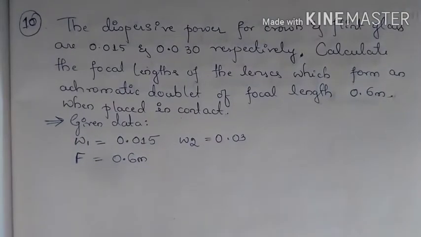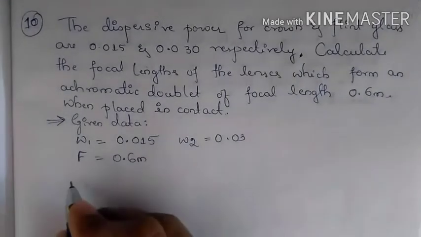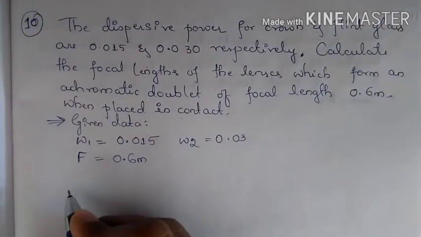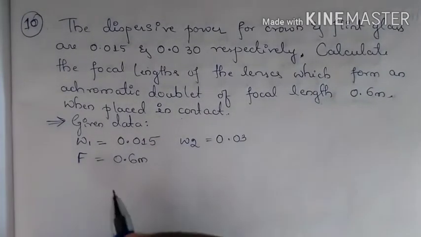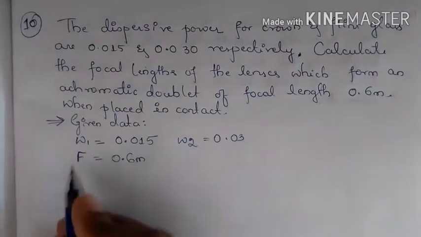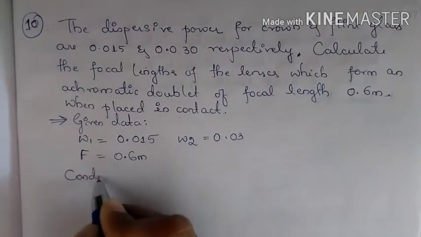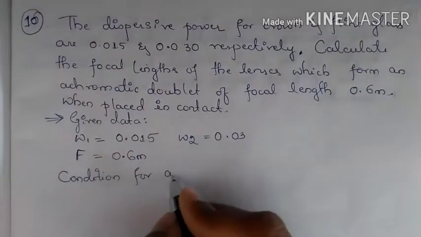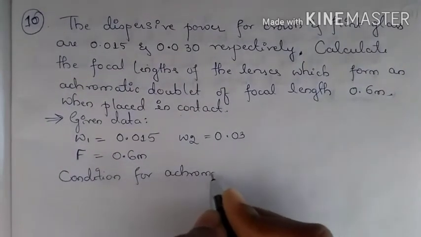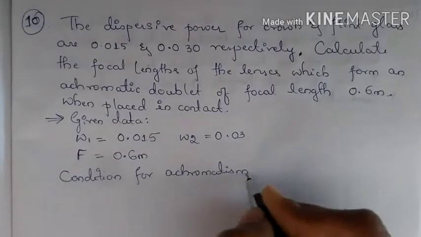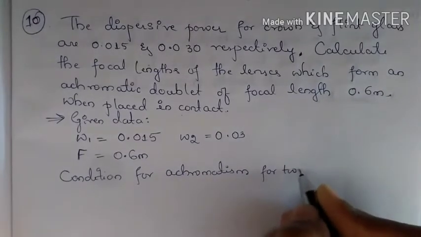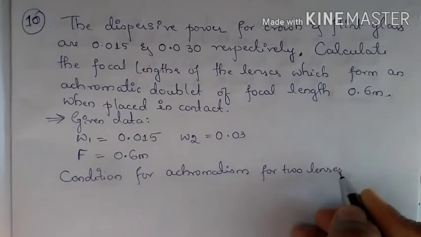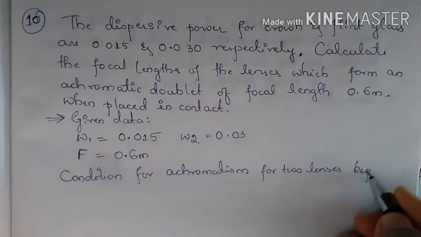For achromatism, we have a condition, that is omega 1 by f1 plus omega 2 by f2 will be 0. This is the condition for achromatism for two lenses kept in contact.